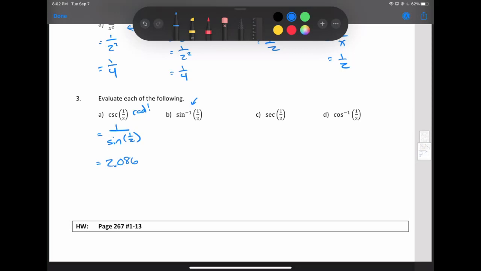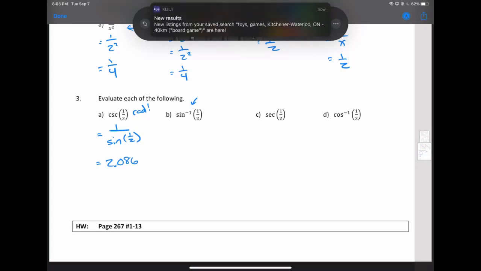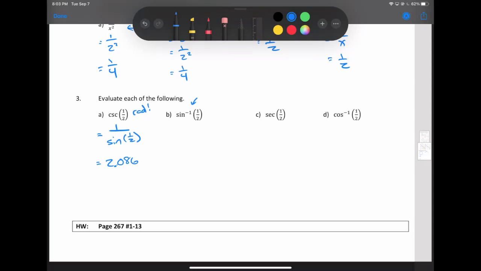Now sine -1, that's a completely different thing. On most calculators, you punch in 0.5 or 1/2 and then do a second function sine or an inverse sine. So I'm going to punch 0.5, second function sine.